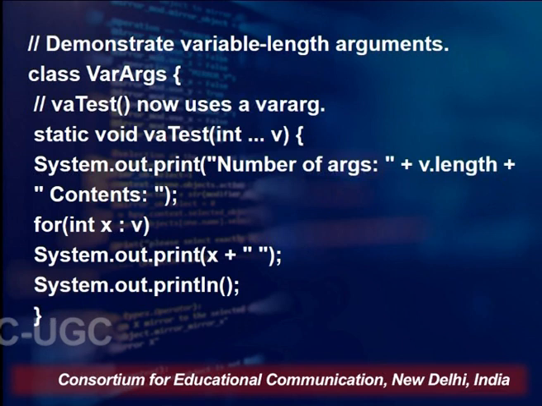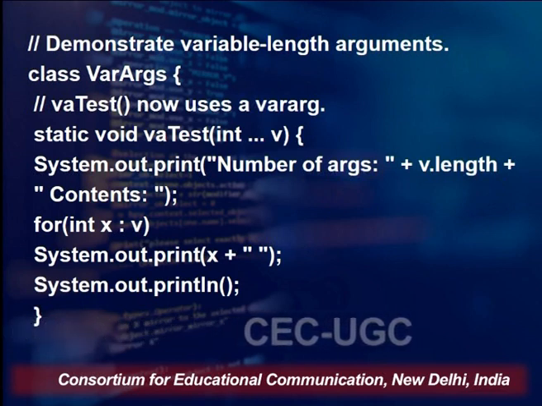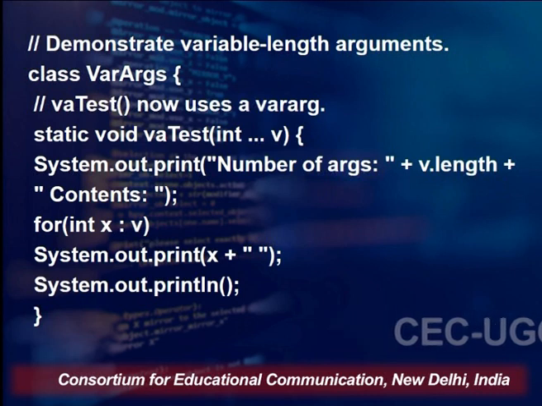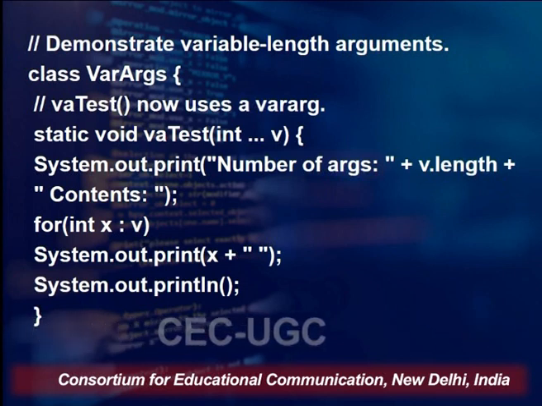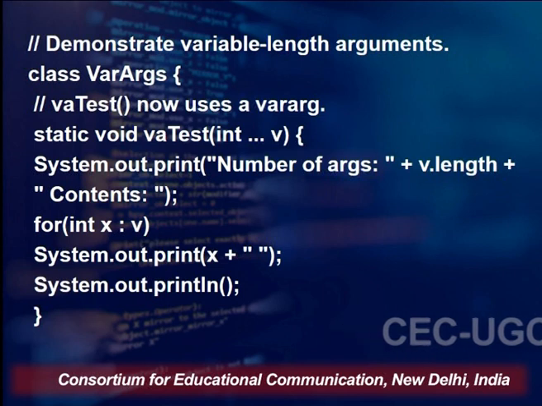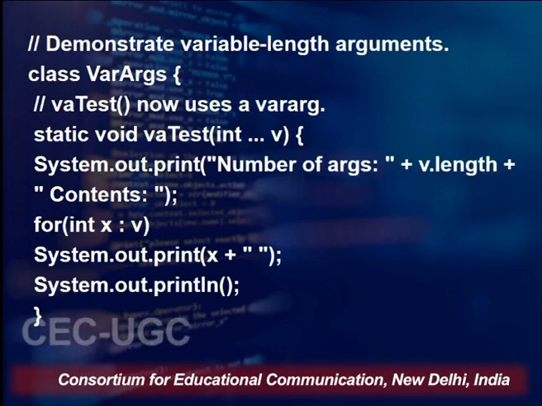In the previous situation, we used this int v as an array, and we packaged the parameters to be passed inside main manually, and here we will see how we are going to do this.